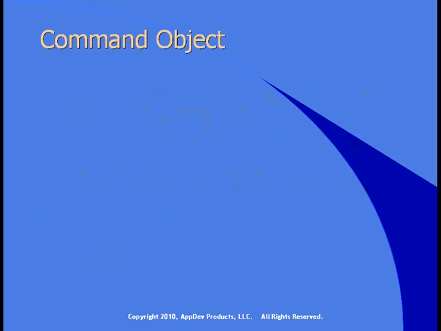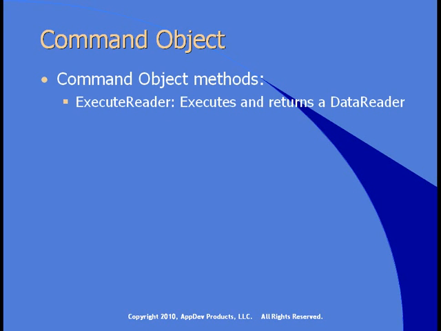To execute those actions, there are some methods of the command object. We'll look at these specific ones. There's ExecuteReader, which executes and returns the data you requested in the form of a data reader. A data reader is a forward-only, read-only, very efficient access to one row at a time of the data you've specified in the command object. There's ExecuteNonQuery, which executes your statement and returns nothing at all.